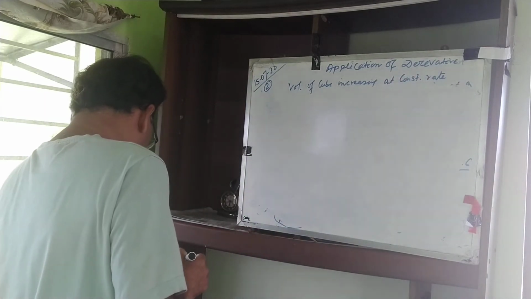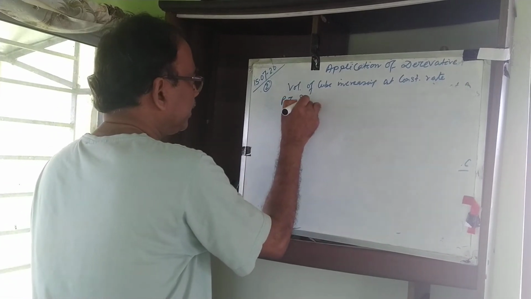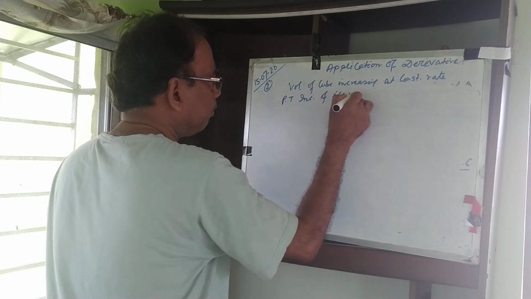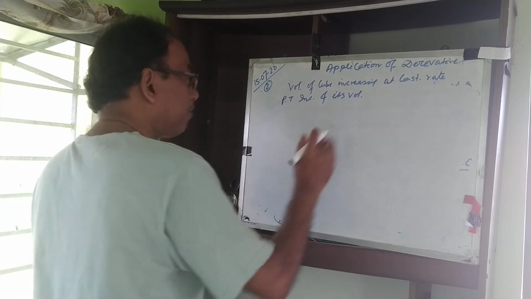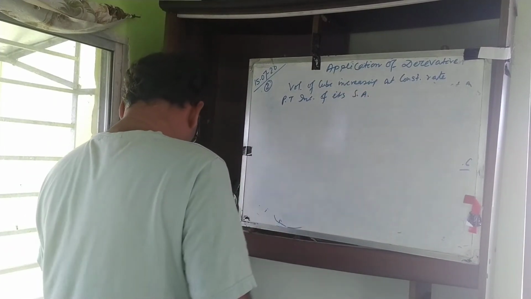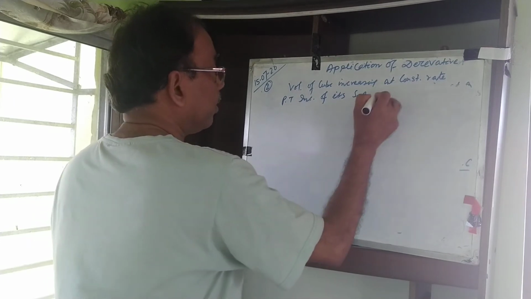Prove that the increase of its surface area varies inversely as the length of the edge of the cube.